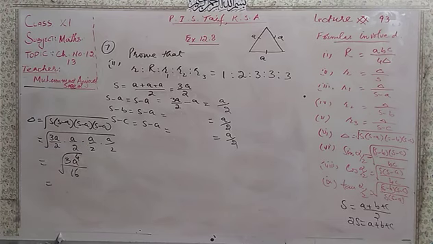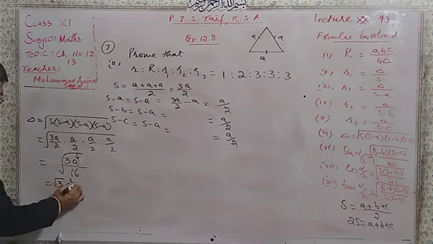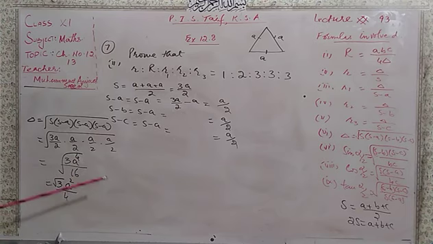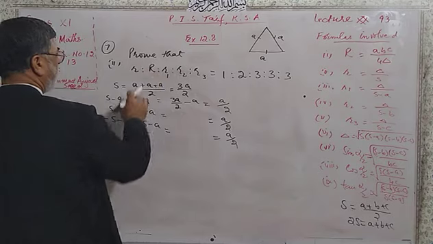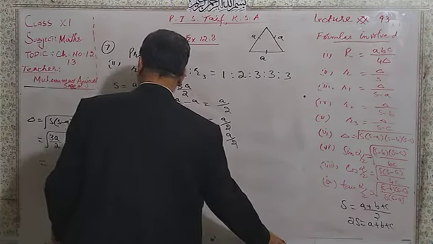So dear students, we have root 3 A square over 4. A to the power 4 will come out as A square, and the root of 16 will be 4. So we have to apply these values in the left hand side of this ratio.